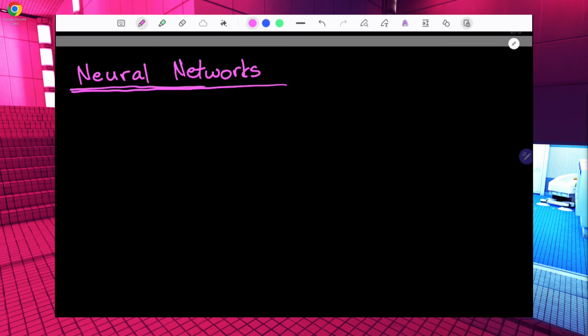Let's do neural networks. So I hope now to understand what a neural network is, what it does, how it works, and all the other stuff.